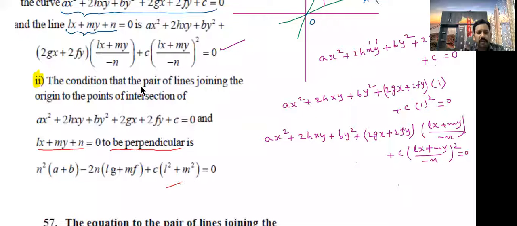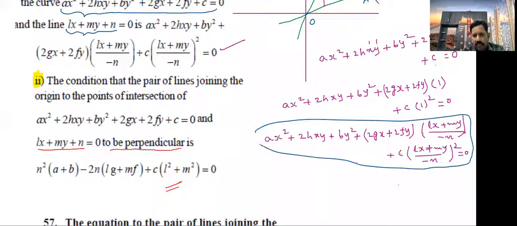This is the shortcut formula. If you don't know the shortcut formula, then how to do it? First, convert into a homogeneous equation. The non-homogeneous equation, we have converted into a homogeneous equation. Observe the coefficient of x square plus the coefficient of y square, that means the a plus b value.